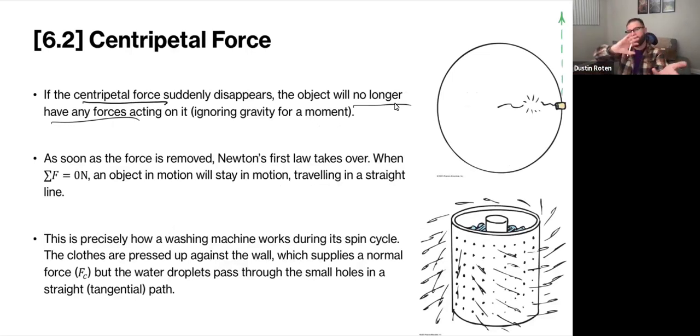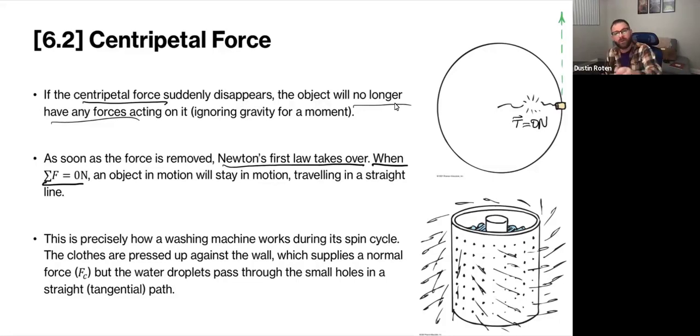And just for that moment, as soon as something happens, so here, our tension force suddenly goes away, it snaps. As soon as that force is removed, Newton's first law takes over. And hopefully you remember Newton's first law that says when all the net forces add up to 0, well, we have no forces, so it's going to be 0.